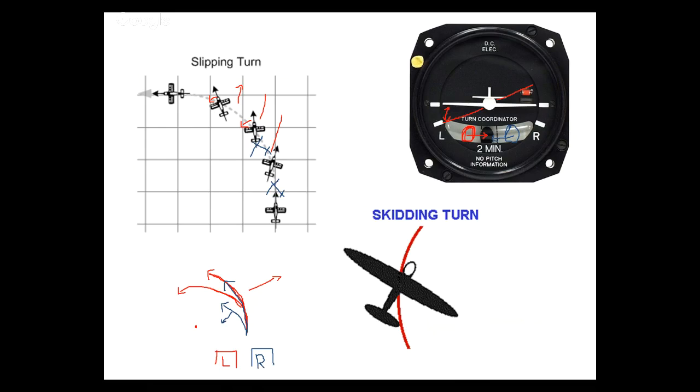If you decide after you get your license to get your instrument rating, you'll learn that when you fly in instrument conditions, you only limit your turns to 10-degree turns, called standard rate turns, and you have to keep them coordinated. Otherwise, you'll essentially come off your intended flight path.